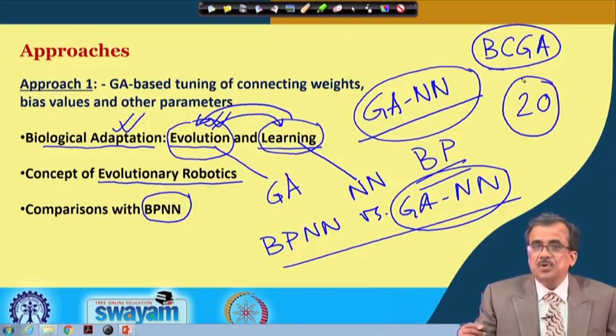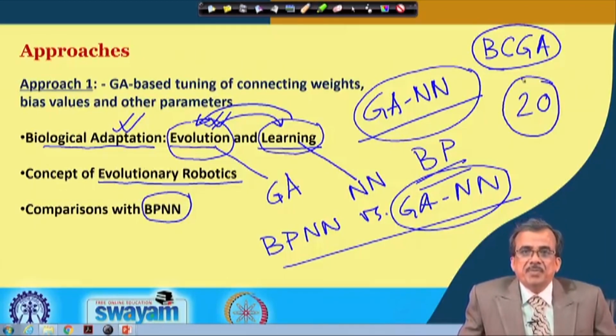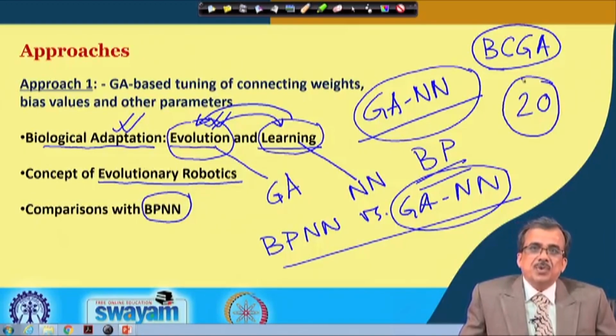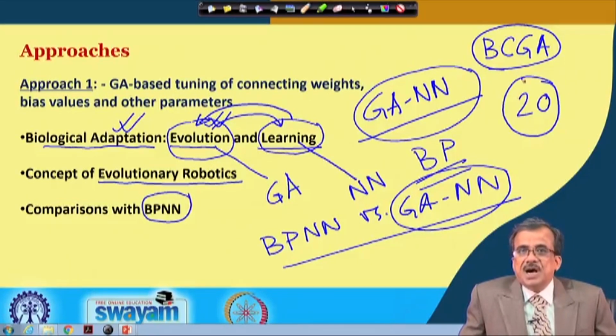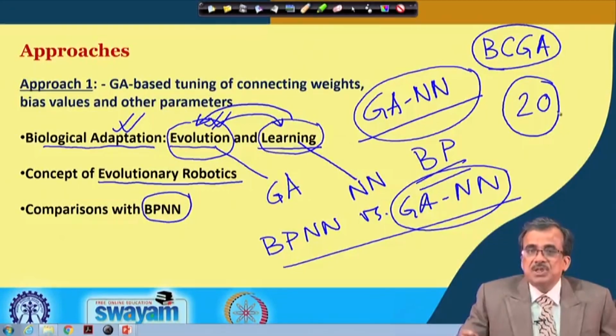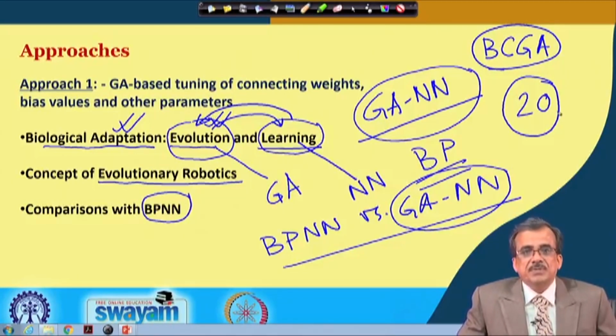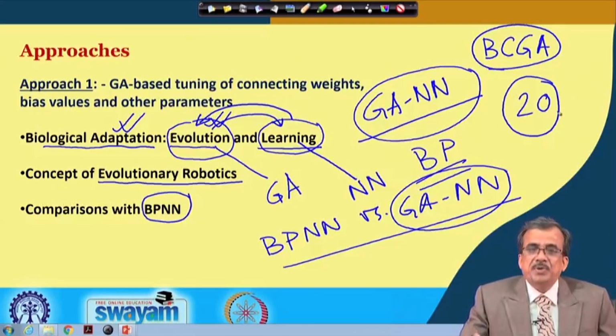So, if I want to optimize the performance of this neural network, I will have to find out the optimal values for each of these 20 variables. The variables could be the connecting weights, bias values, the coefficient of transfer function and all such things.